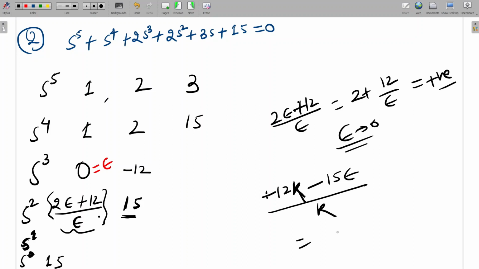So this will be minus 12 minus 15 epsilon by k. What will be this value for epsilon tends to 0? k is some positive number, so the second term tends to 0, and it will be minus 12. That is negative. Is it correct? So if you see, two sign changes are there, here to here and here to here.